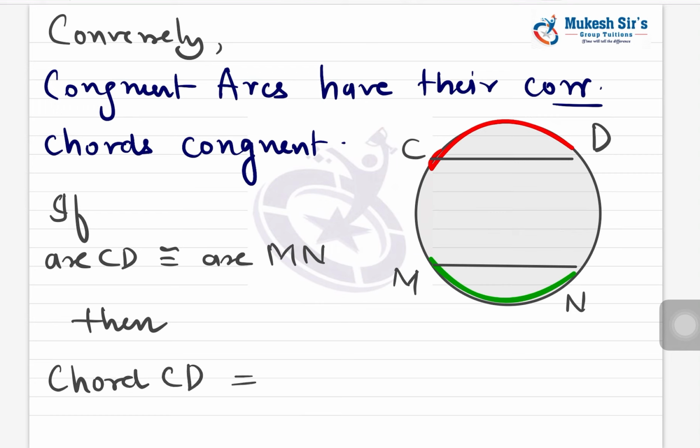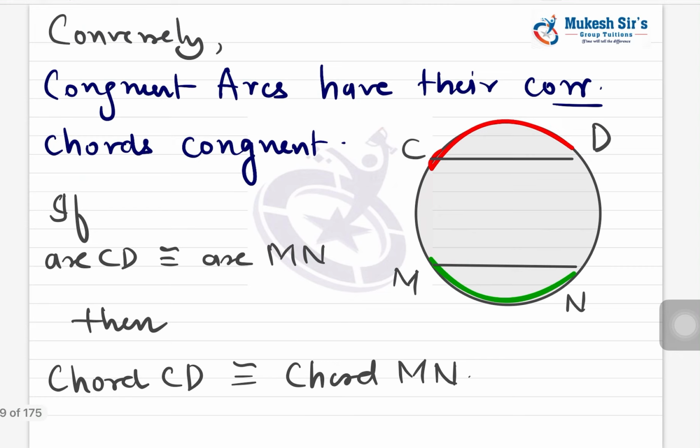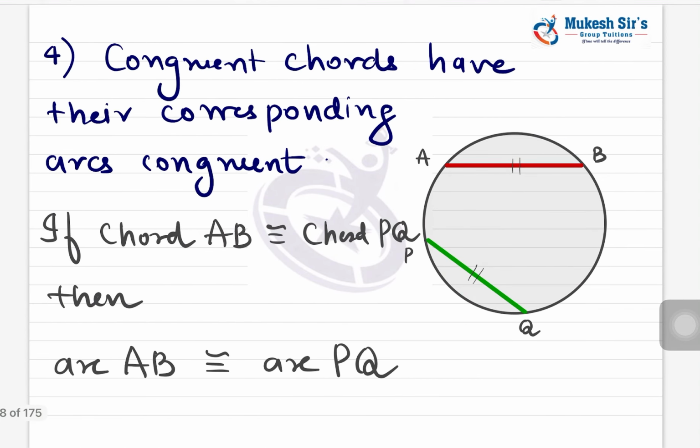So if chords are equal, then the corresponding minor arcs are congruent, and if arcs are congruent, then the corresponding chords are also congruent. Clear? So let's solve a few questions based on this now.